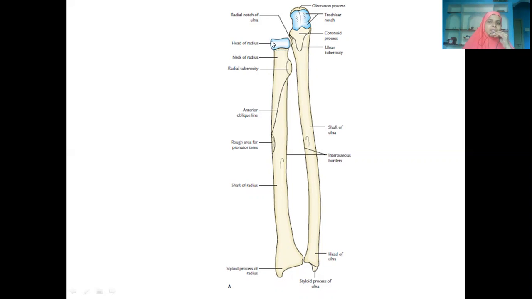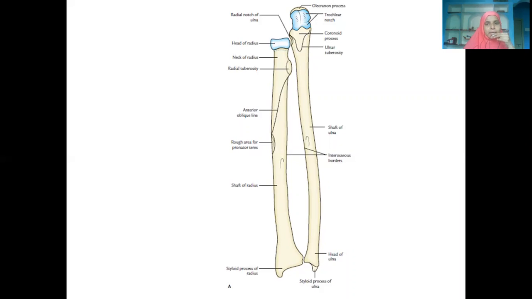So superiorly the capitulum will be articulating with the head of the radius to form the, sorry, not radio-ulnar joint, the elbow joint. The humeroradial joint, which is one of the components of the elbow joint.